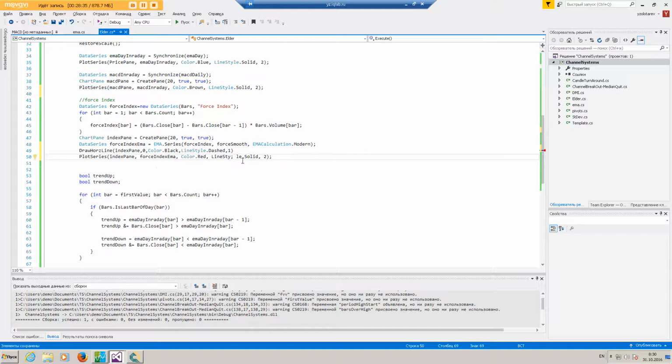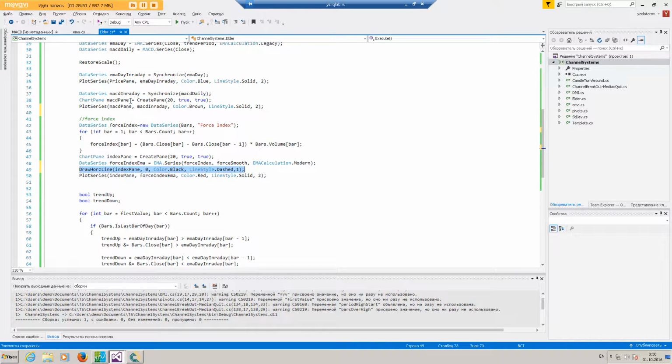Okay, for the force index and for the MACD pane.